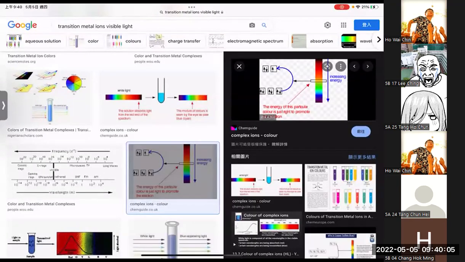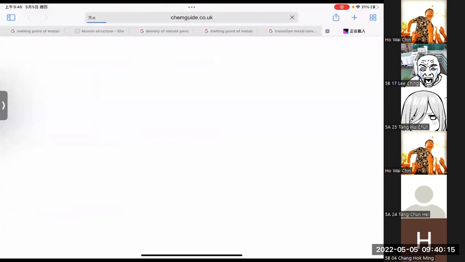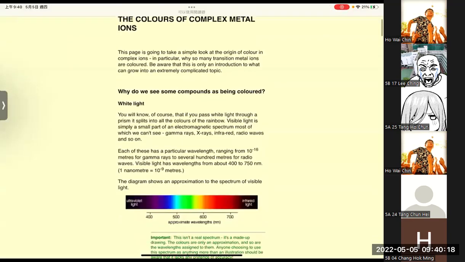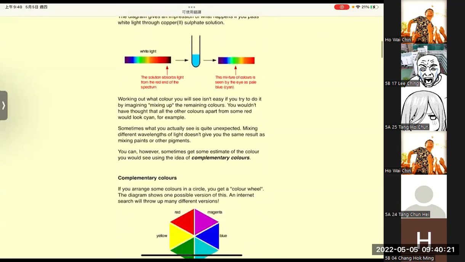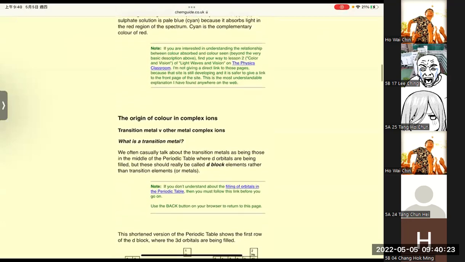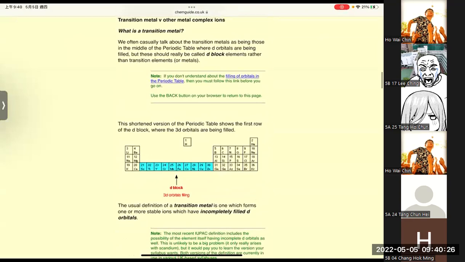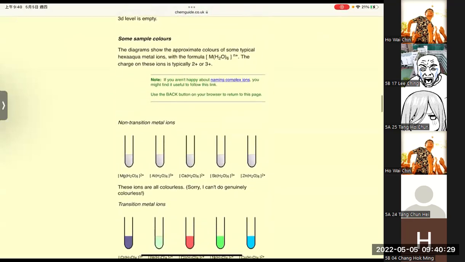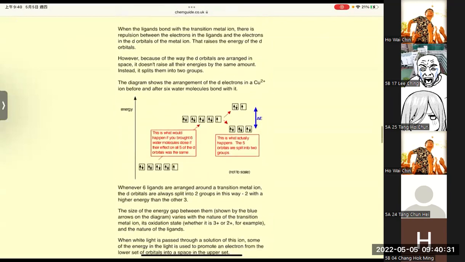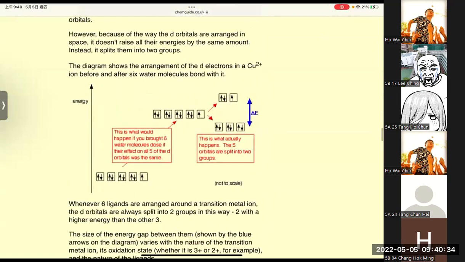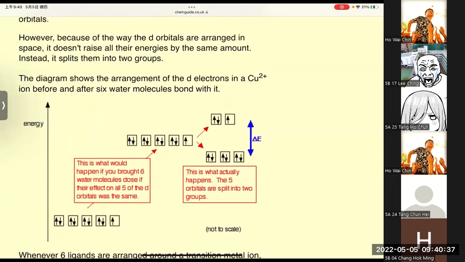And indeed, while you talk about the 3d orbitals, just remember, we have got 10 electrons to be filled in 5 orbitals. Now we have got a phenomenon which we call d-d transition, right? d block. Okay, we have got d-d transition. It tells you about the slight splitting of those d orbitals into 2 levels, one higher, one lower.